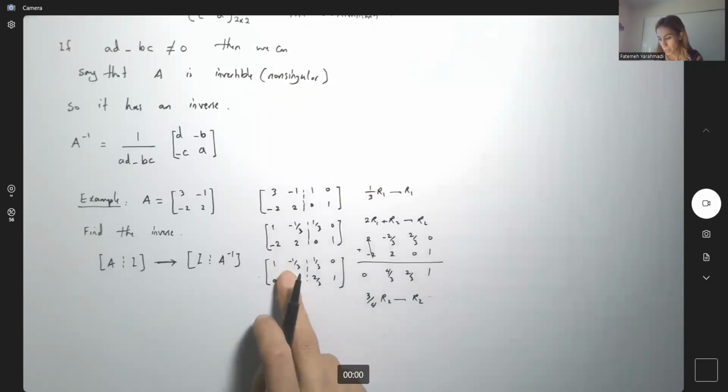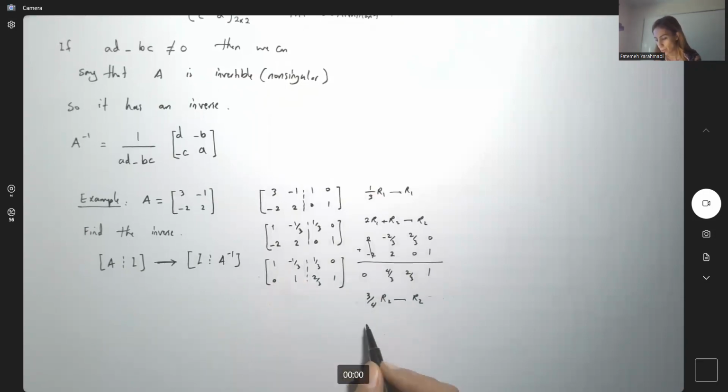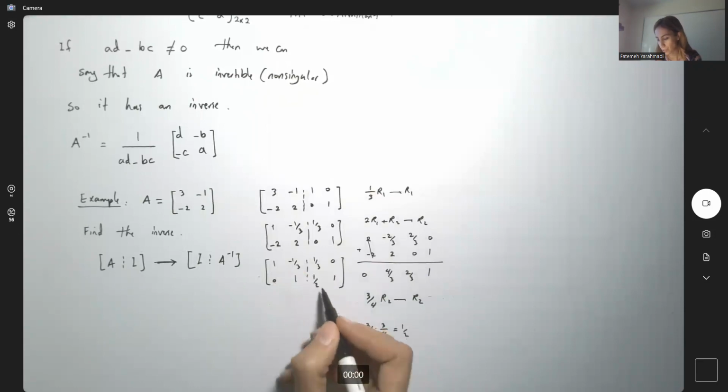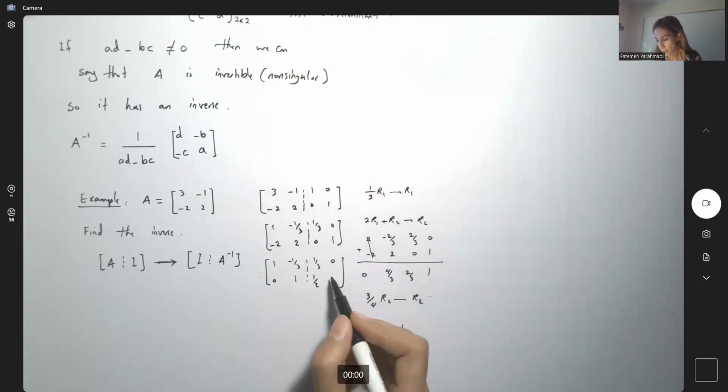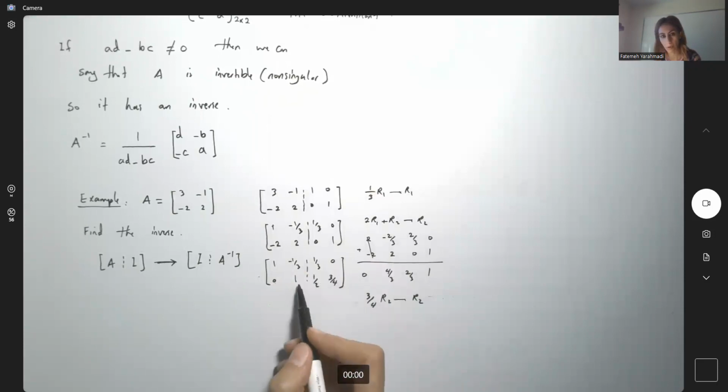So this guy becomes 1, and you have 2/3 times 3/4, a half. And here you have 3/4 times 1, which is 3 over 4. So far, so good. Then above 1, you have -1/3, which must be 0.